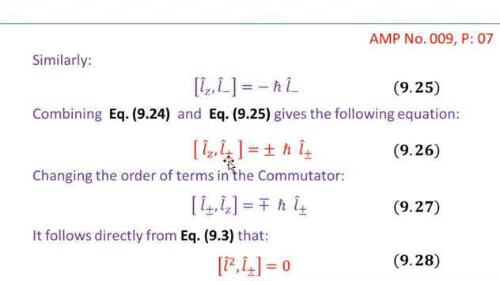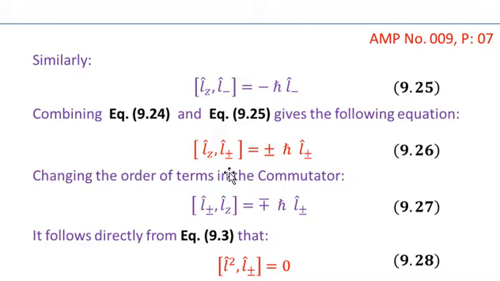When you choose the plus sign on the left hand side, you have to choose the plus sign on the right hand side, and if you choose a minus sign on the left hand side, you have to choose a minus sign on the right hand side. So I have combined the commutator of Lz with both the L plus operator and the L minus operator as a single equation.